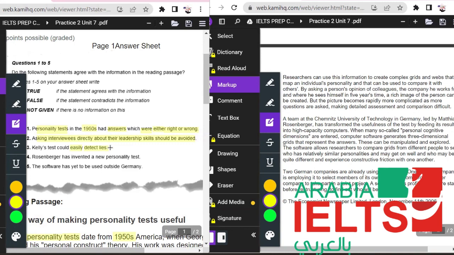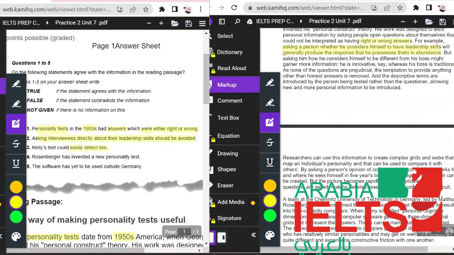This one is not given. There's no such thing in this whole statement. There's nothing relevant to that.